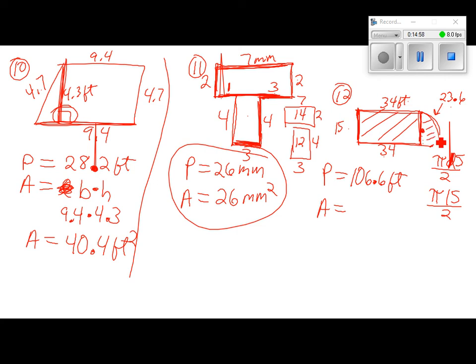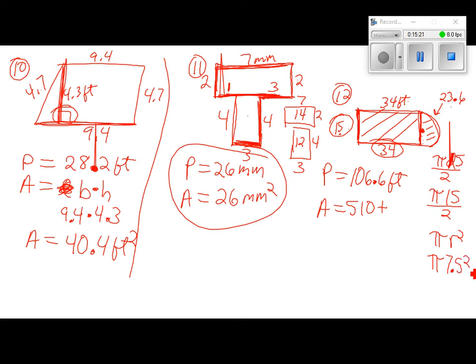Well, the area of the rectangle is just going to be 34 times 15, and the area of the rectangle ends up being 510, plus, then to find the area of the circle, we do pi times radius squared. Well, the radius, we got to take half of 15 to get that, so it's pi times 7.5 squared.